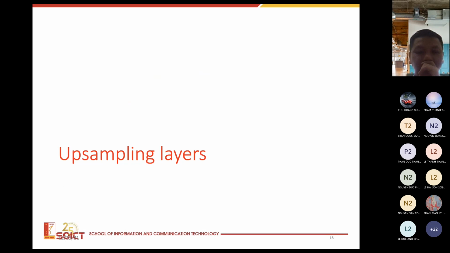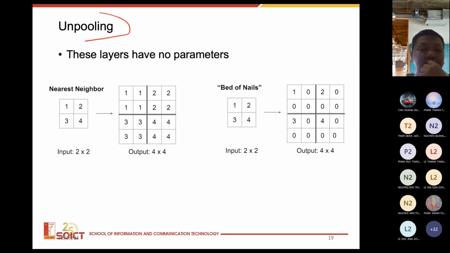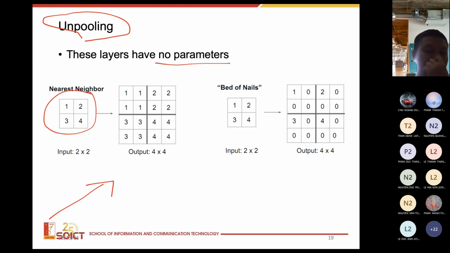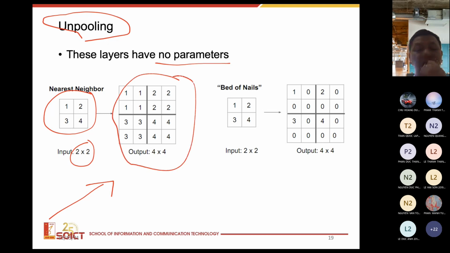Now we discuss the upsampling layers that we use in the network for the image segmentation problem. The first layer we can use is the unpooling layer, and this layer has no parameters. Look at the example in the slide. This is the input image with a size of 2 by 2, and we want to enlarge the image to have a bigger output with a size of 4 by 4.